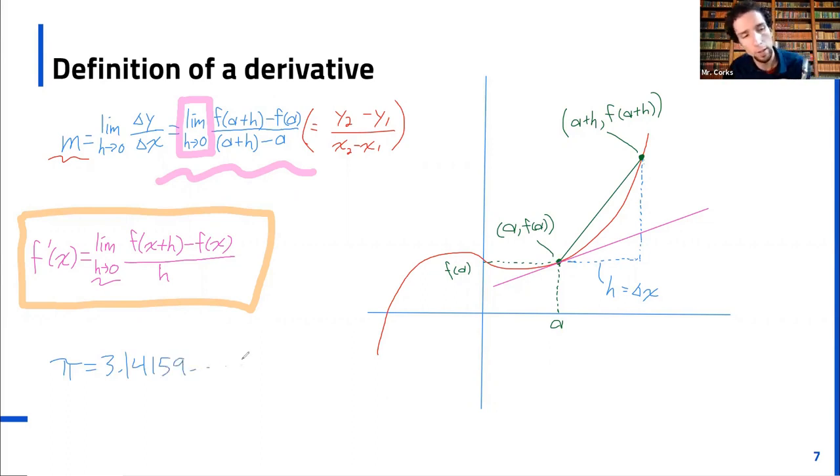I could press that button here on my calculator, and it's going to tell me what pi is. The calculator cannot perfectly calculate pi. It has to estimate pi. And it turns out the way that calculators do this is with a thing called Taylor series approximations. And that is coming 100% from calculus.